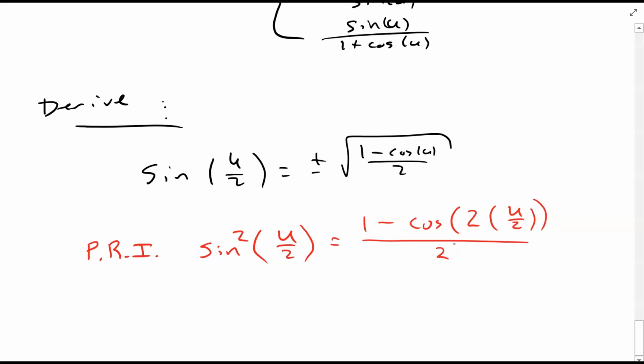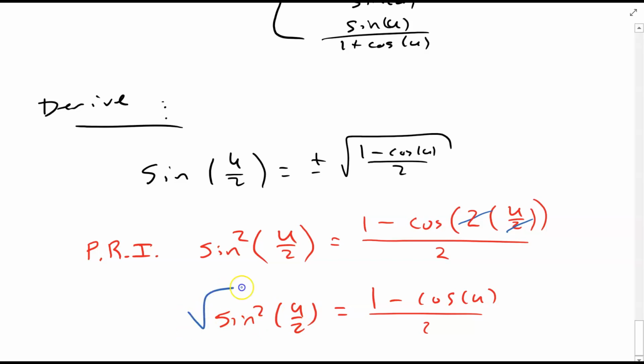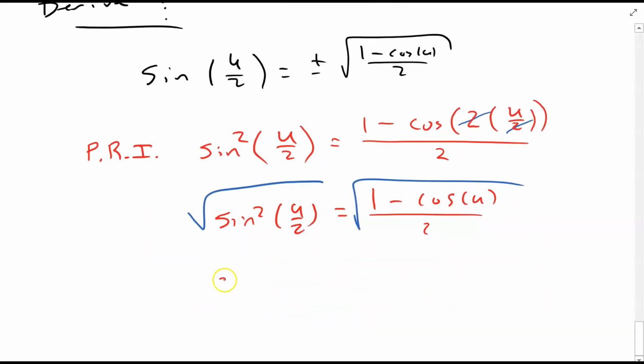Notice what's happening inside the cosine there. The times 2 and divides by 2 cancel. So I just have that. And then if I square root both sides, that's going to get rid of the squared, leaving me with just the half angle for sine.